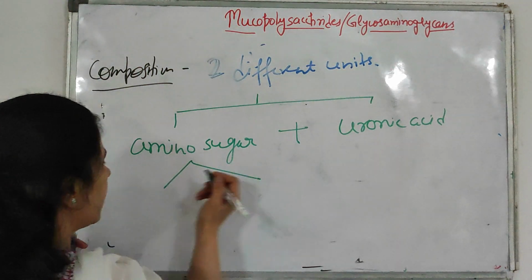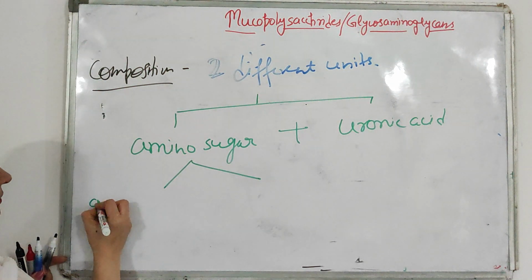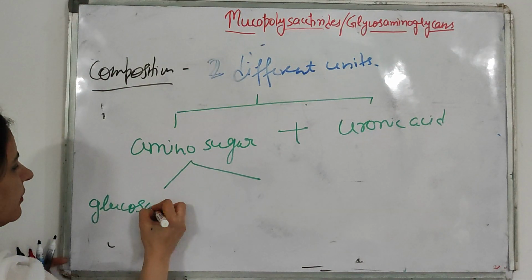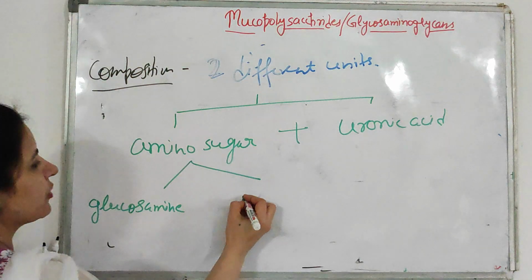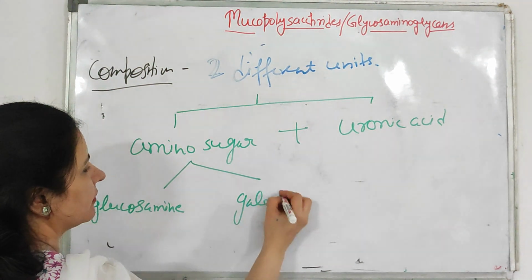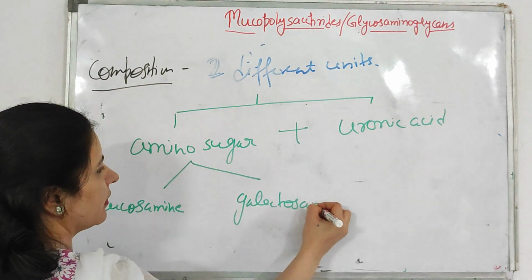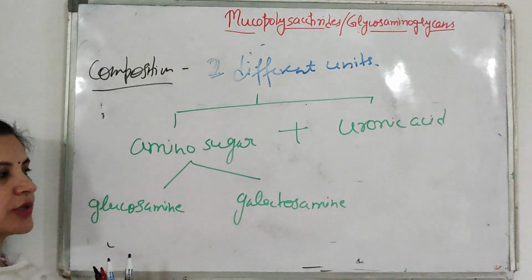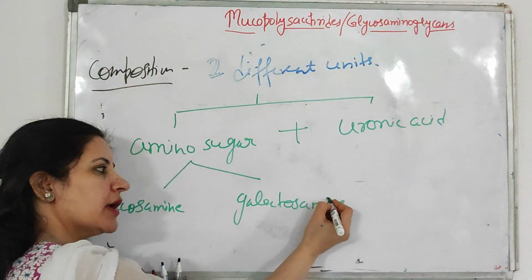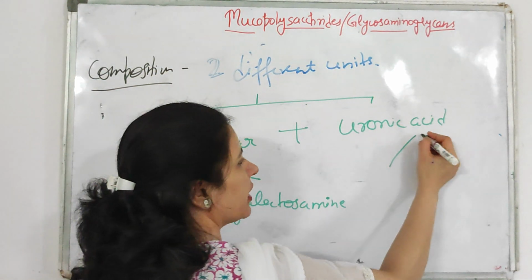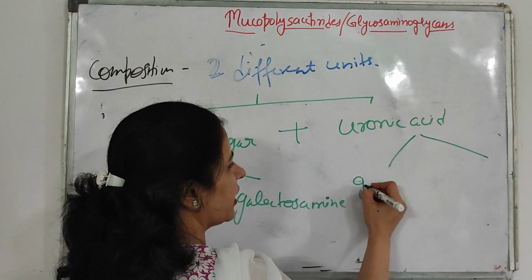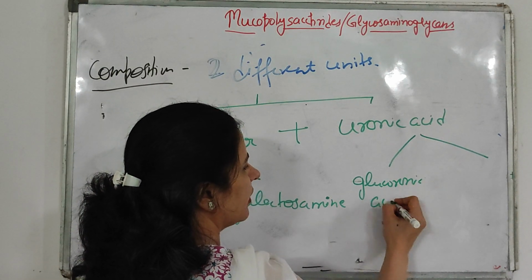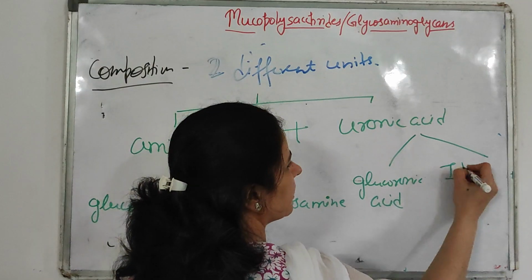Now this amino sugar can be glucosamine, or this amino sugar can be galactosamine. Similarly, uronic acid can be glucuronic acid or iduronic acid.